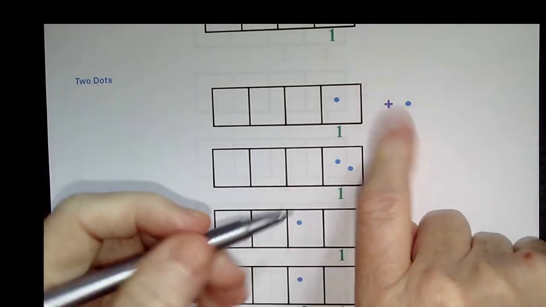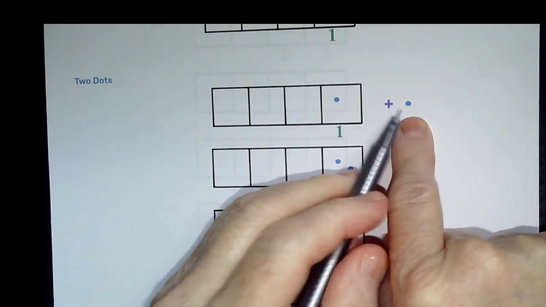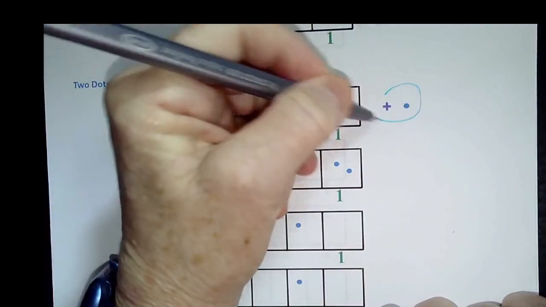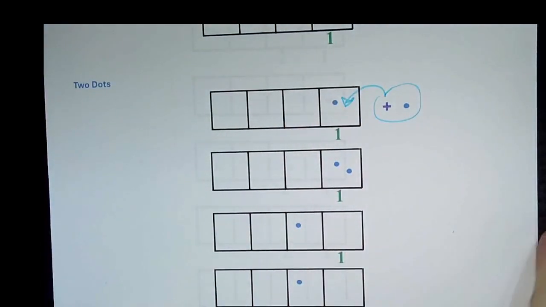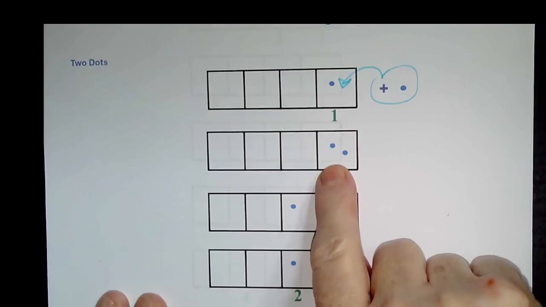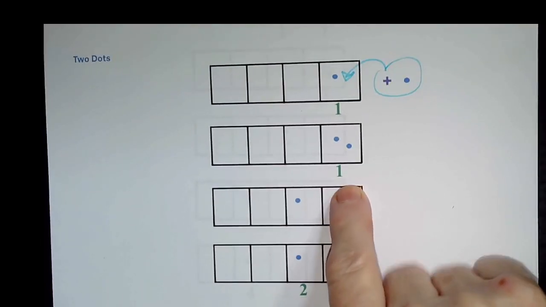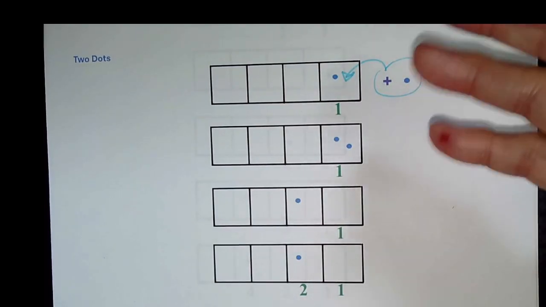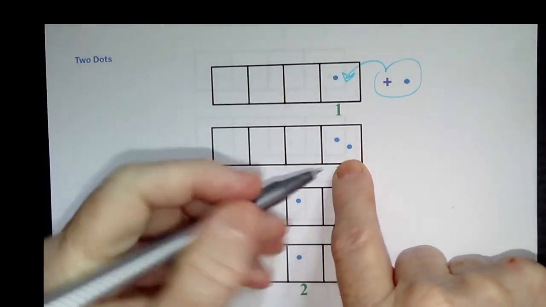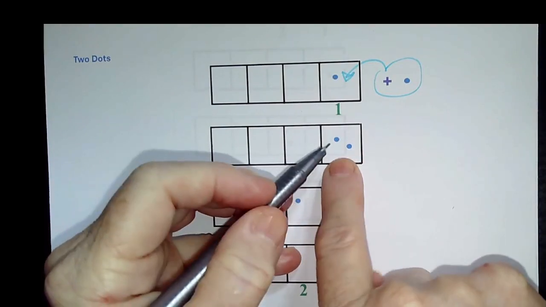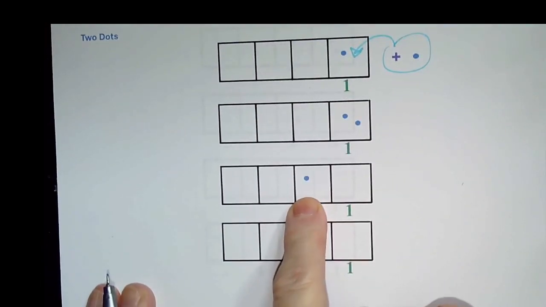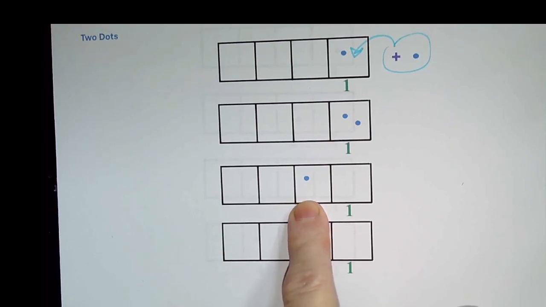For 2 dots, let's just add 1 more dot to the 1 we already had. So we're going to put this new dot here in the 1's place, but we're using the 1 to 2 rule, or 2 to 1 rule. We're going to explode these 2 dots into the box to the left, which doesn't have a label yet.